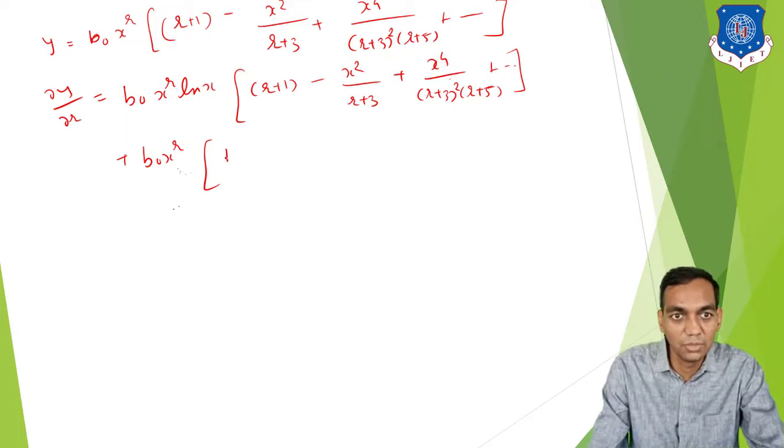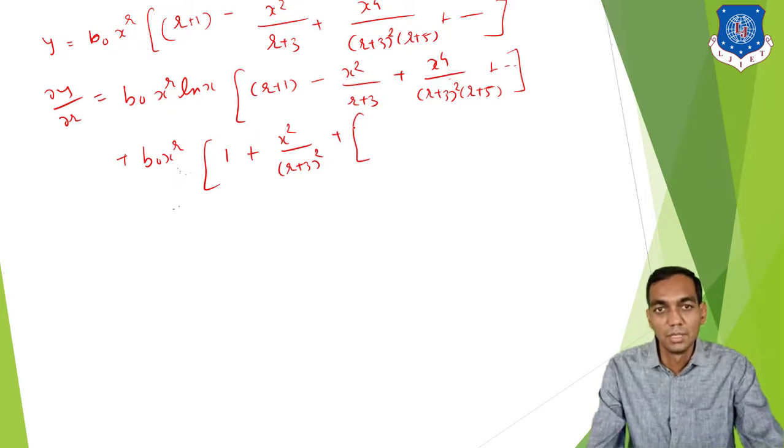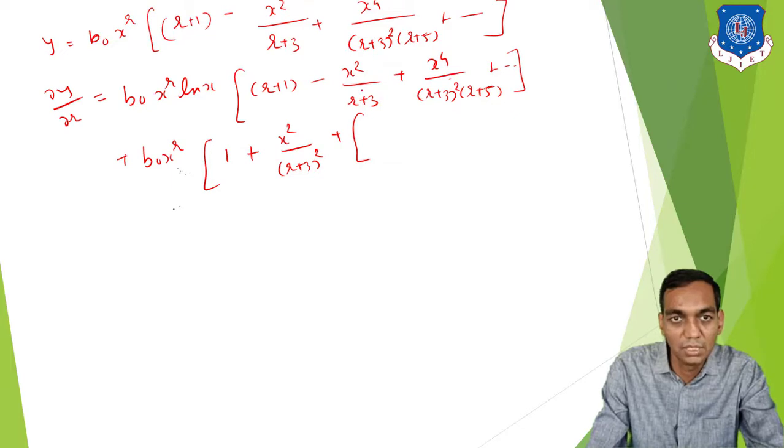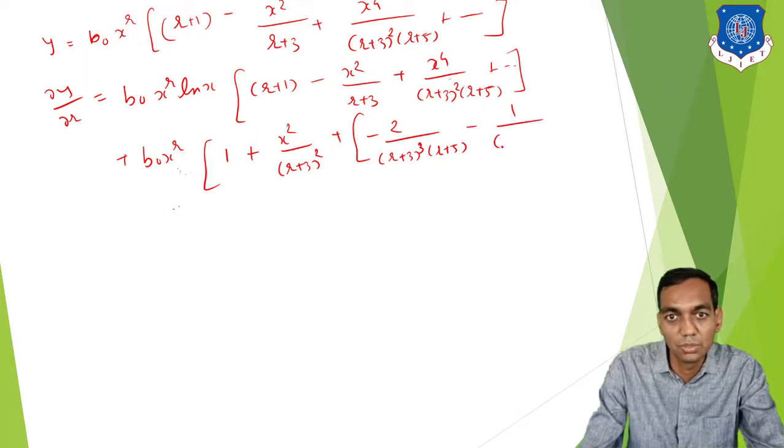So r plus 1 has a derivative 1. 1 upon r plus 3 has a derivative minus 1 upon r plus 3 whole square. Here I am going to write this in the form of r plus 3 raised to minus 2, so it has a derivative minus 2 upon r plus 3 whole cube, r plus 5, minus 1 upon r plus 3 whole square, r plus 5 whole square, into x raised to 4.